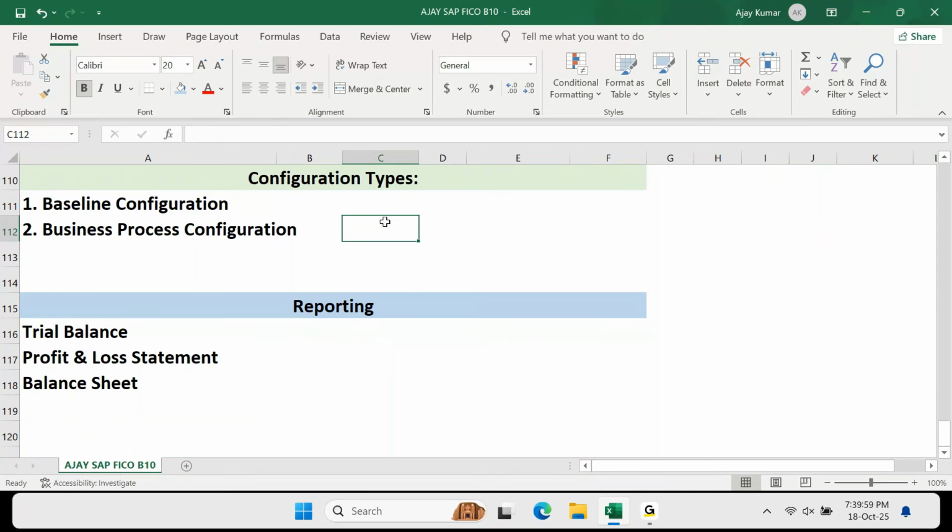For everything we will consider the accounting financial impact. Only after understanding the accounting financial impact, we will go to SAP, we will configure, we will post entries, we will see the report, we will make sure, yes, if we do it, this should be the impact, and then we will check in SAP, yes, it is happening or not.